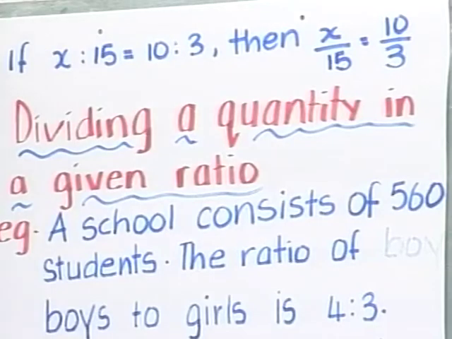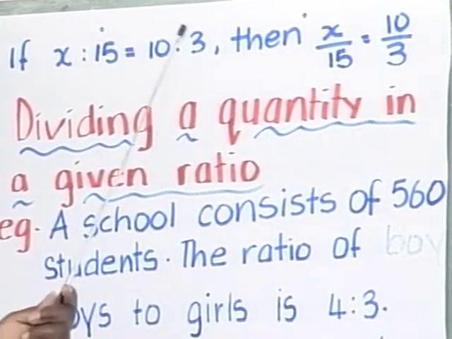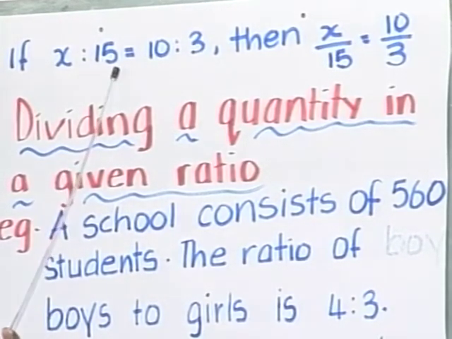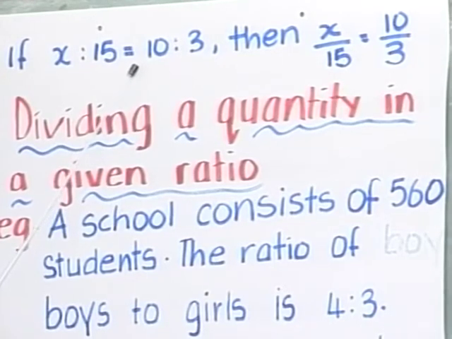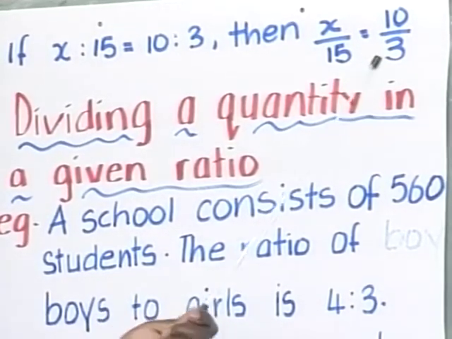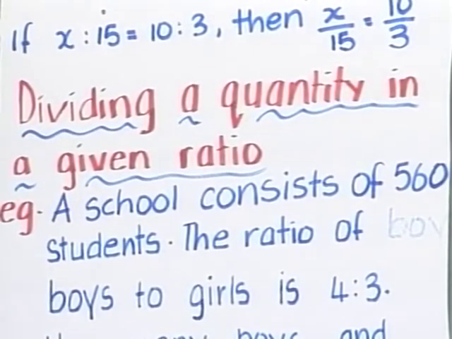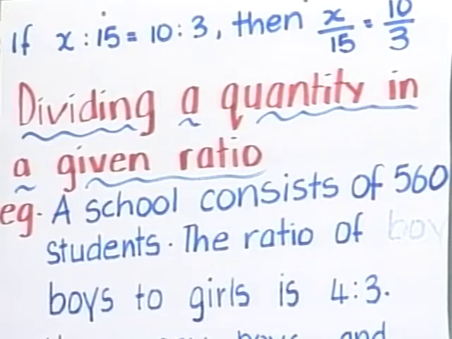If X is to 15 is equal to 10 is to 3, then X over 15 equals 10 over 3. So that is a proportion. It's a statement that tells you the equality of two ratios. This is a proportion. This is also a proportion. A proportion is just a statement of equality of two ratios.